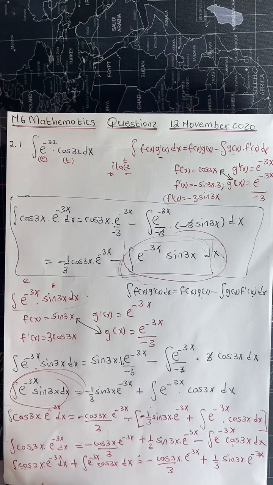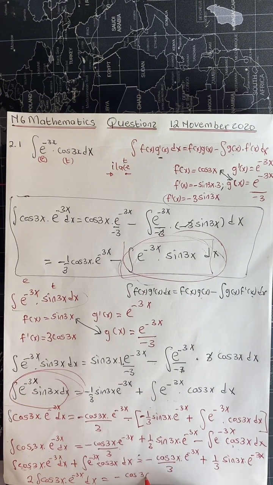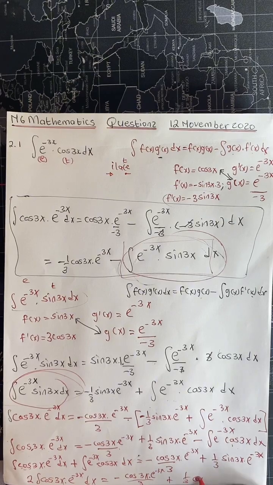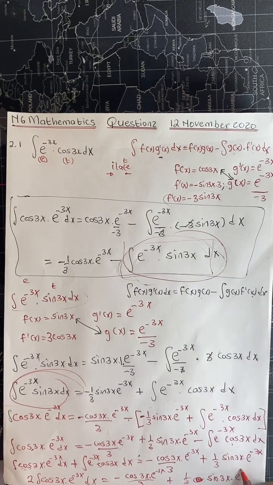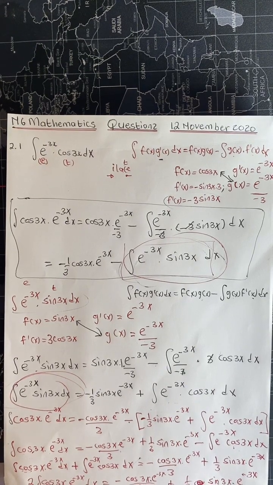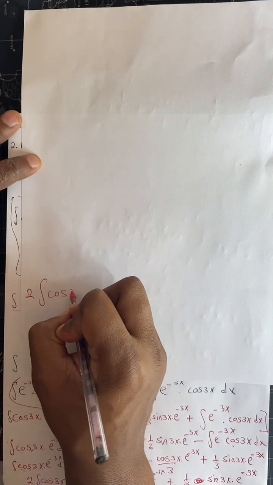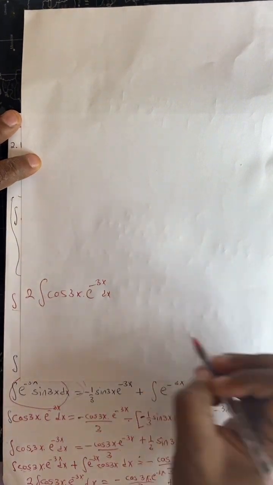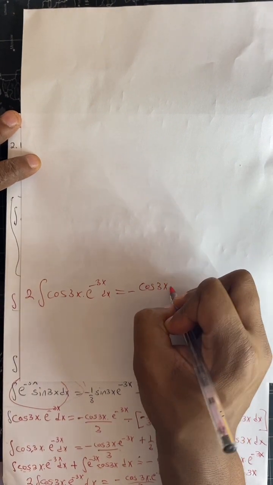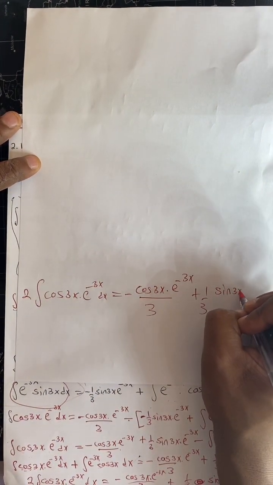So we can add these two, and we'll have 2 times the integral of cos 3x e to the power negative 3x dx, equal to negative cos of 3x e to the power negative 3x divided by 3 plus 1 over 3 sin 3x e to the power negative 3x.